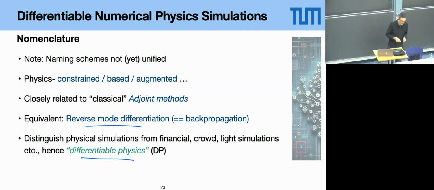So you could imagine that there are financial models, or it could be a crowd, or you have rendering light simulations that are differentiable. By now in the learning field there are actually quite a few of these differentiable operators. We'll mostly look at differentiable physics operators, hence the name differentiable physics.